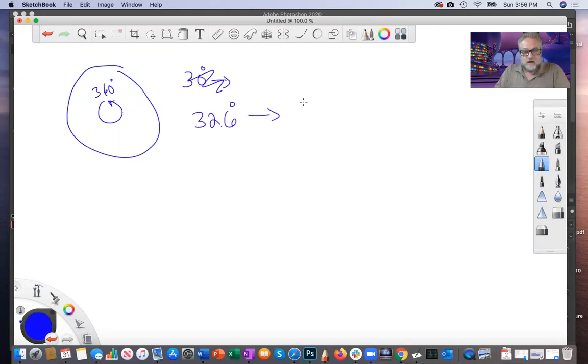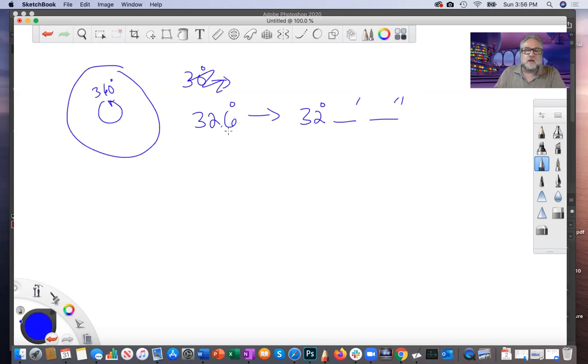I can write that as 32 degrees and then something minutes and something seconds. One little slash means minutes, two little slashes means seconds. It's kind of like feet and inches, same thing.